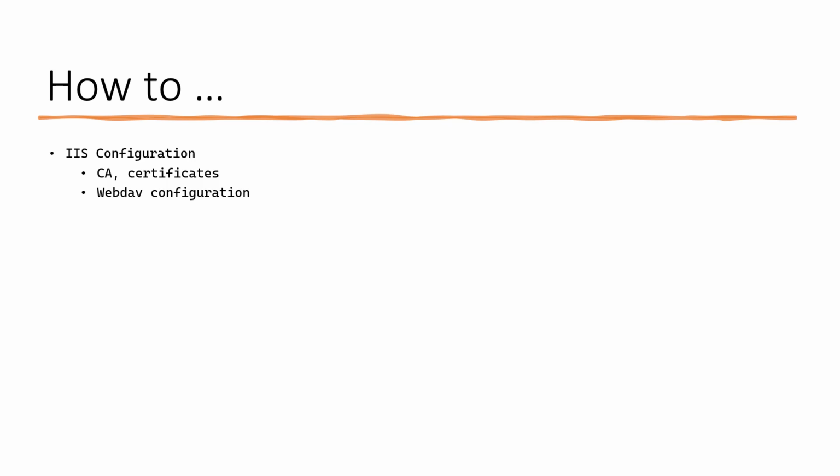Configuration: you must install a CA, certificate, WebDAV, and configuration. I recommend you read all the documentation on the GitHub repository. Then you can install BranchCache.